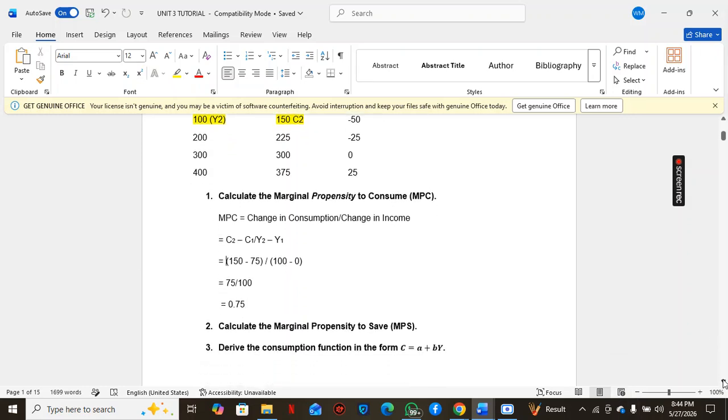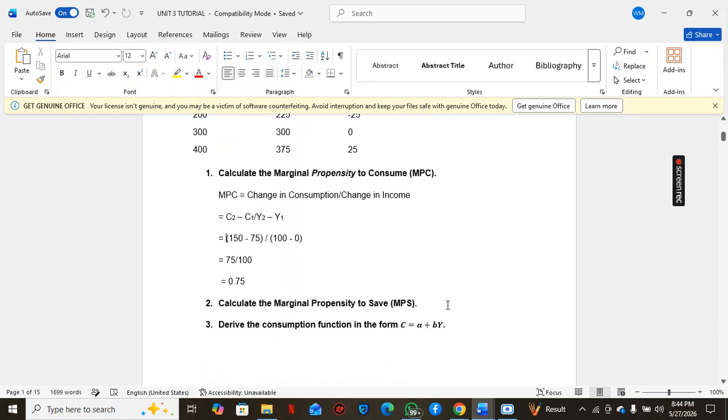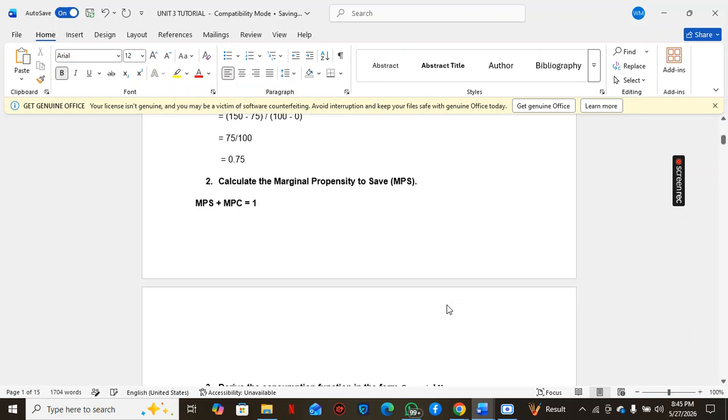Next, marginal propensity to save. You can use the shortcut method. You can just say MPS plus MPC equals 1. We already have MPC, so MPS equals 1 minus MPC.